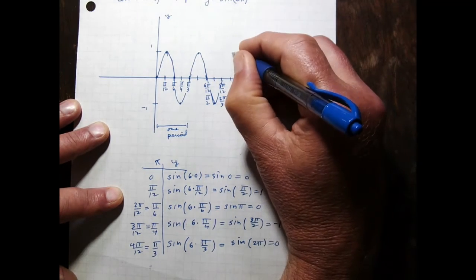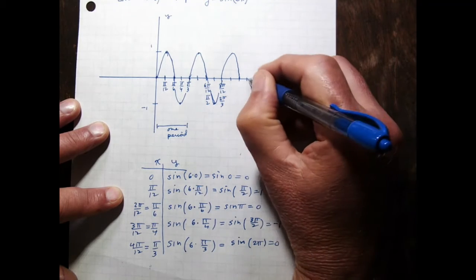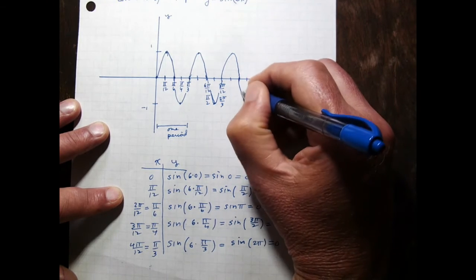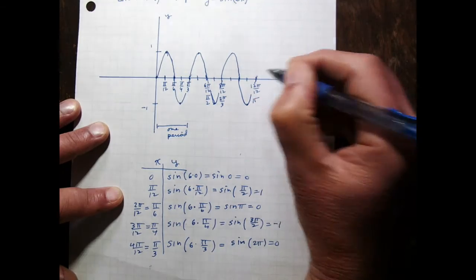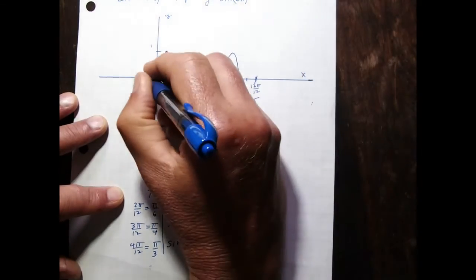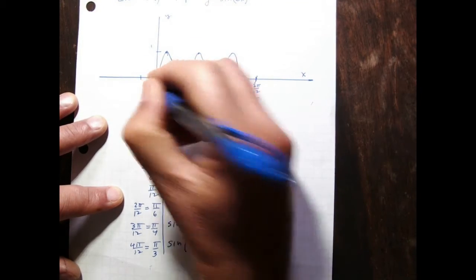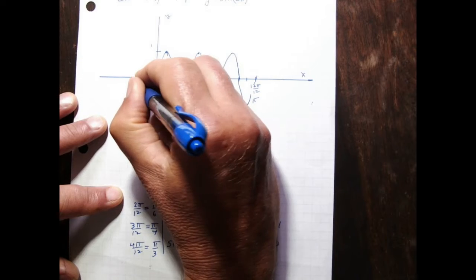And this pattern just repeats itself over and over again. And there I am at pi. And of course I can go in a negative direction, negative pi over 12, negative pi over 6.